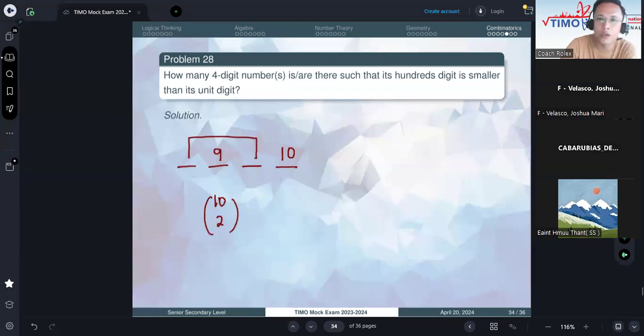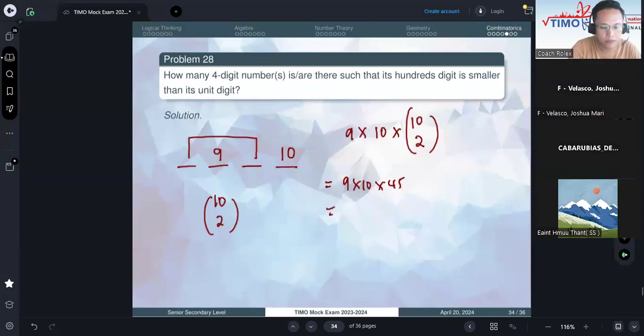So we have 9 times 10 times 10 taken 2. 10 taken 2 is 45. So 9 times 10 times 45. And that is 4050.